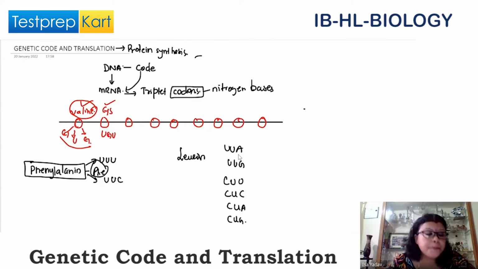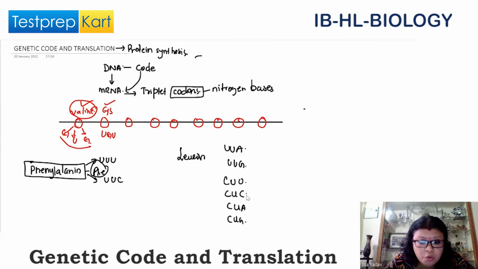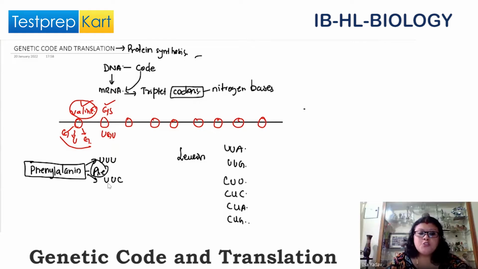All of these, yes or no? So how many are there? Six. So it can happen that one amino acid is coded by one triplet codon. It can also happen that one amino acid is coded by six triplet codons.